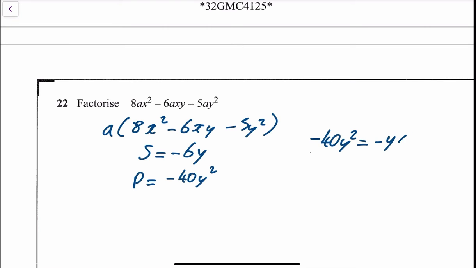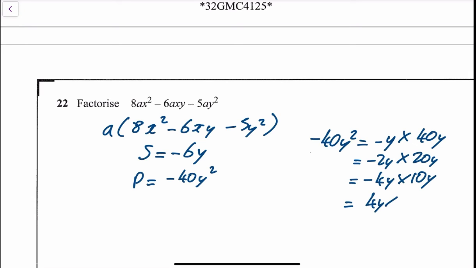You could do minus y times 40y, minus 2y times 20y, minus 4y times 10y, and if you add those two, you get positive 6y. So if we just change them around and did 4y times minus 10y, they would work, because that pair of things multiply to give you minus 40y squared and add to give minus 6y.